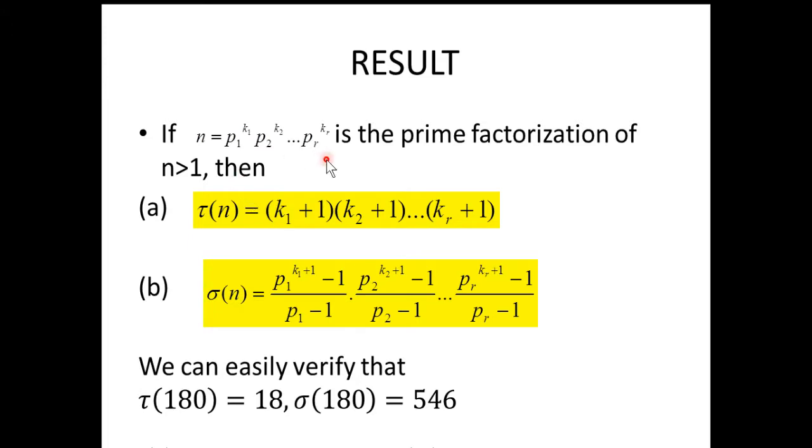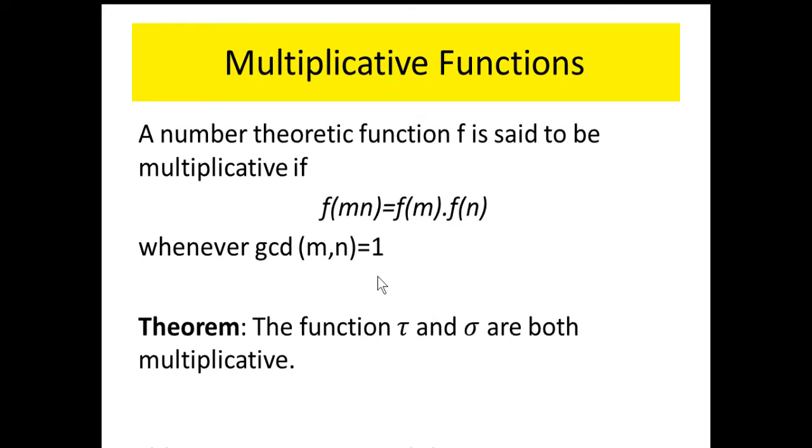This is the result regarding these two number theoretic functions, tau n and sigma n. If n is in this canonical form, then tau n will be this, and sigma n will be this. They are used when the number is given in canonical form, and they are very important formulas. Then you have multiplicative functions. If you have a number theoretic function f, and m and n are relatively prime, then f of mn is equal to f m into f n.